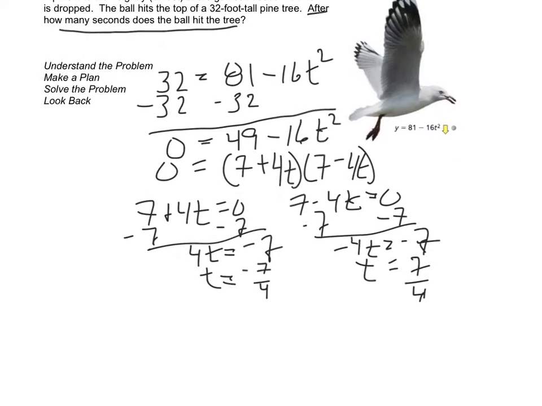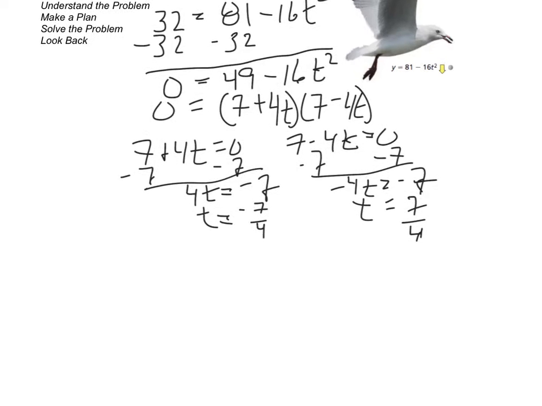I can't have the bird drop the ball negative seconds. So because of that, we're going to basically cancel this one out. You can't drop it negative 7/4 seconds after it takes off. So basically our answer is that it's going to hit the tree, which is 32 feet off the ground, at 1 3/4 or 7/4 seconds.